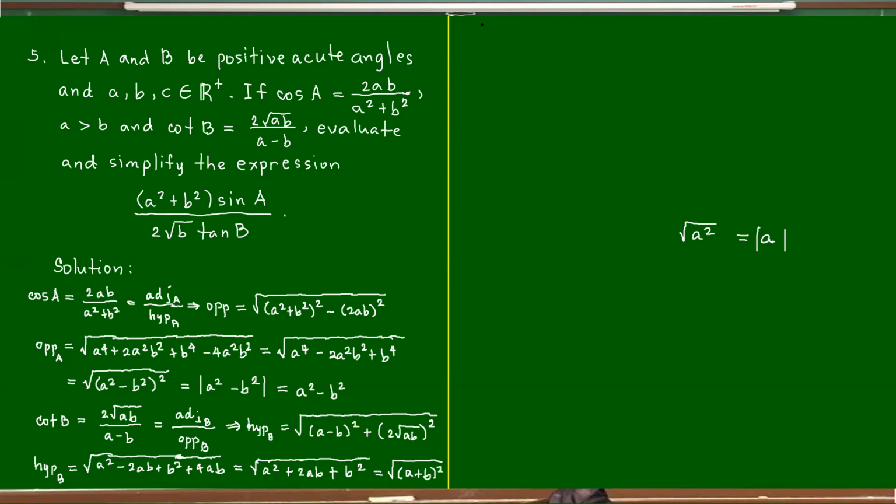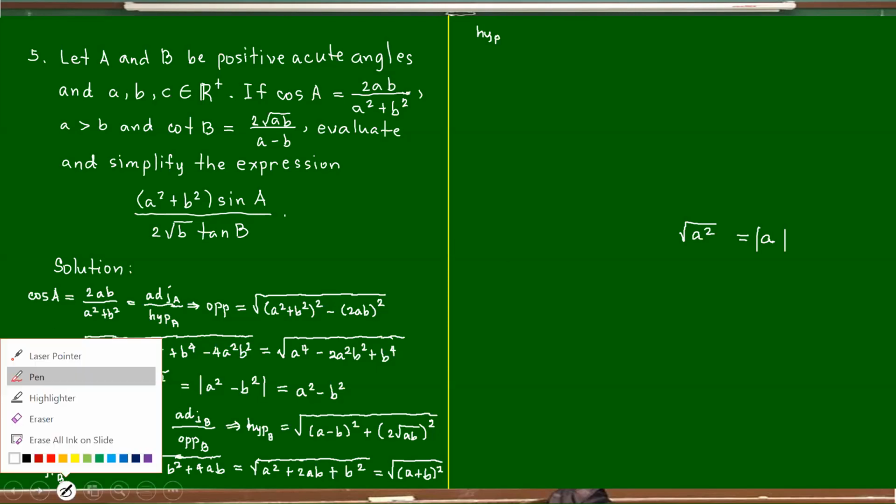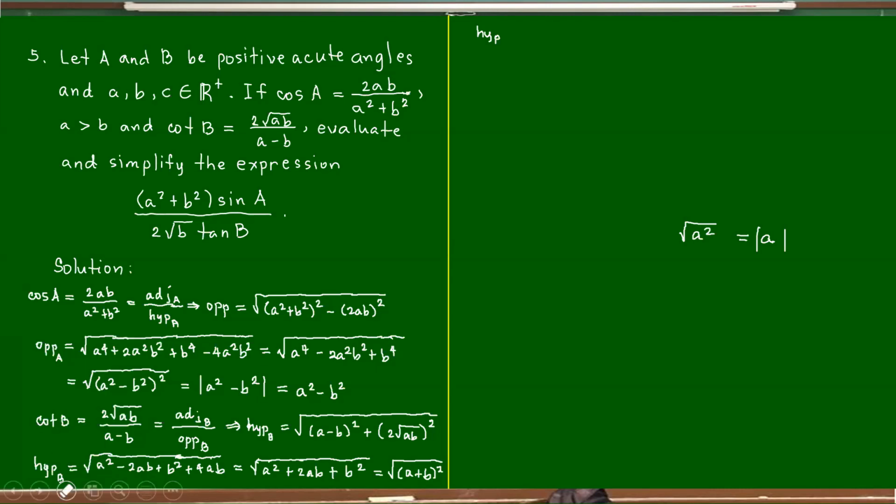So getting the hypotenuse. What's now the hypotenuse?